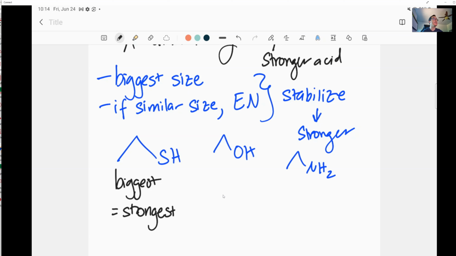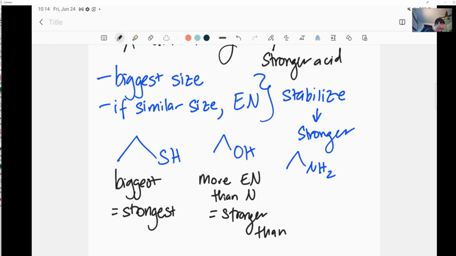Remember, electronegativity is up and to the right on the periodic table, so oxygen is to the right of nitrogen, so it is more electronegative than nitrogen, so that is going to be stronger than that one. So first we want to look at the size. If there's one that is obviously a bigger atom, that means farther down on the periodic table, that one will win. And again, these are only when we're comparing similar things.